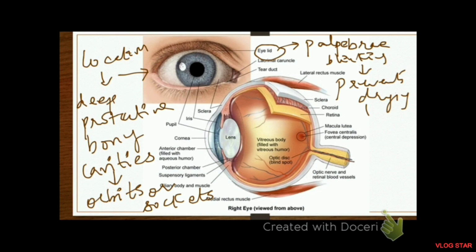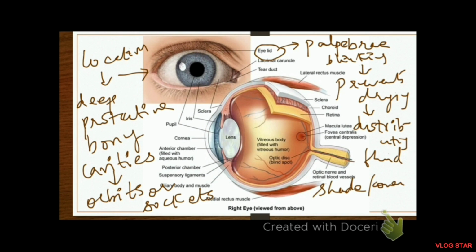How? By distributing fluid over the entire region of the eye. So that is how it prevents drying. Also the eyelid acts as a shade or a cover.